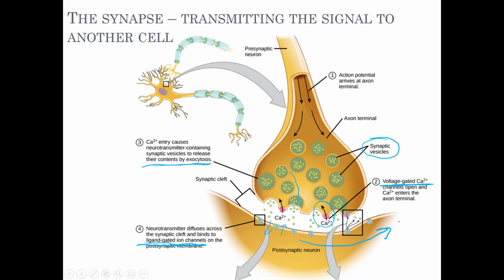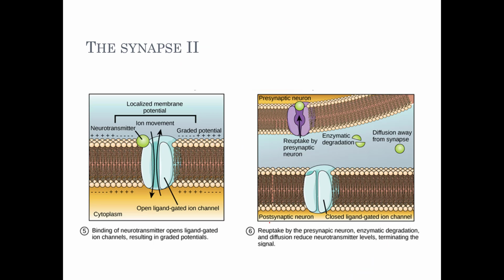Okay, the only thing is that we don't want the ligand-gated ion channels to remain open forever. So we have to have some mechanism for removing our ligand, or our neurotransmitter, in order to allow them to close and allow our postsynaptic neuron to go back to resting potential.